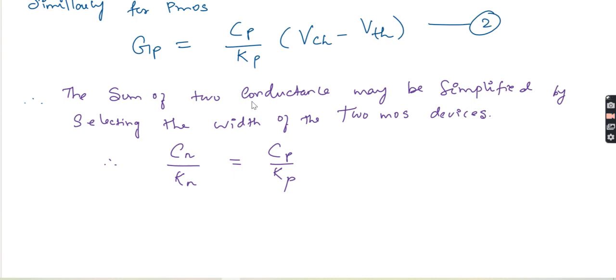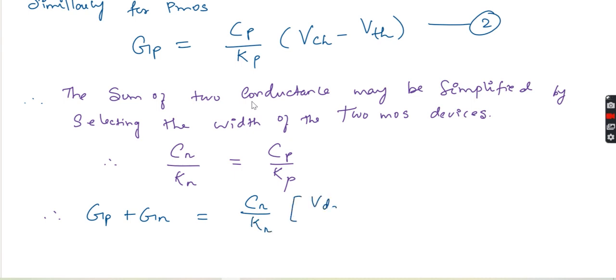Then as we mentioned, the sum of two conductances we can write as Gp plus Gn. So Gp plus Gn will be equal to the sum of equations 1 and 2. When you add, I specified Cn by Kn is equal to Cp by Kp, which means we can consider either P or N. So I will write in terms of N. Cn by Kn, both we need to add.